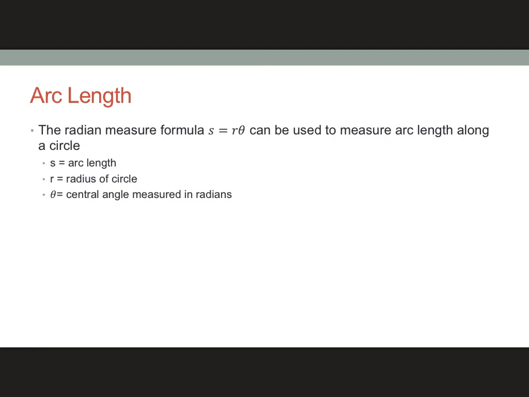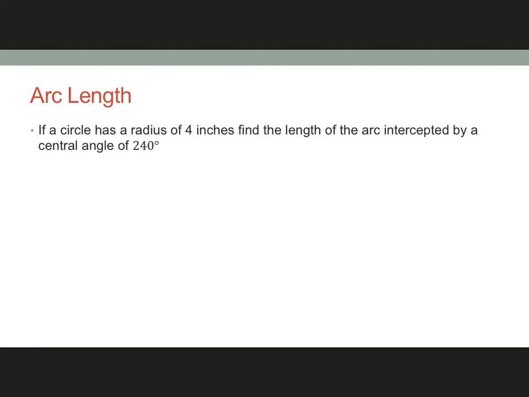Let's see how it will actually end up working out. So here we have a circle with a radius of 4 inches. And we need to find the length of the arc intercepted by a central angle of 240 degrees. Now, remember, this formula only works if the angle is in radians, so we have to convert 240 degrees into radians.